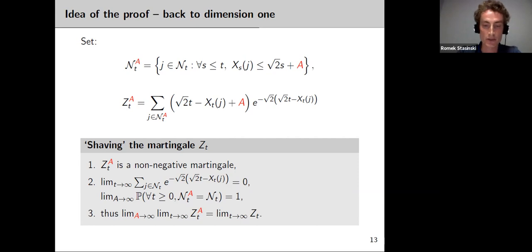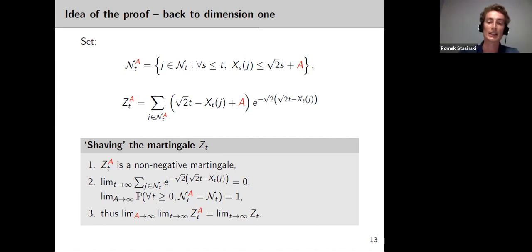And the third observation is that we know from Bramson's result that at large times t, all the particles are going to be well below the line square root of t. So the only time where they could hit the barrier is at the beginning of their life. And this means that as we start pushing the barrier higher and higher, the probability that none of the particles ever reach this barrier is going to converge to 1.